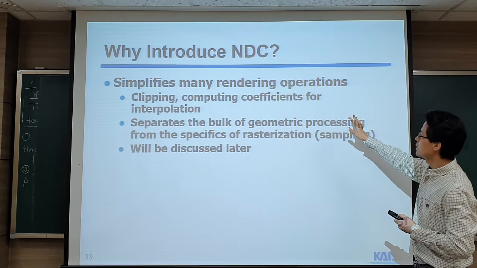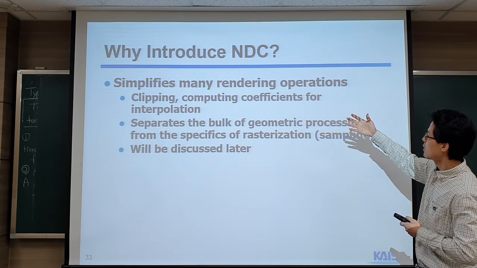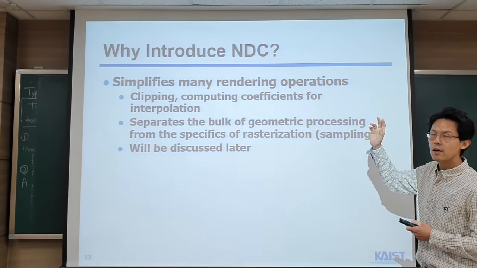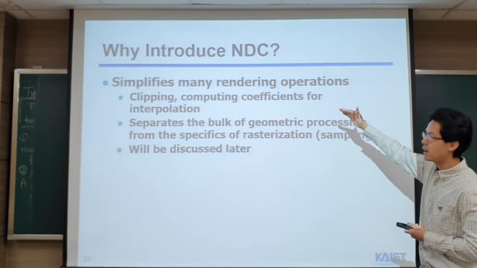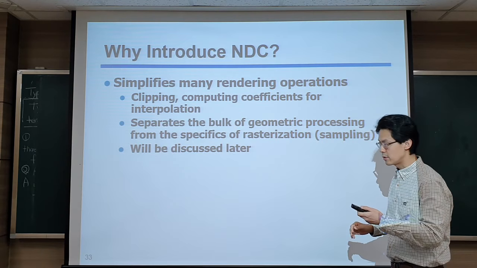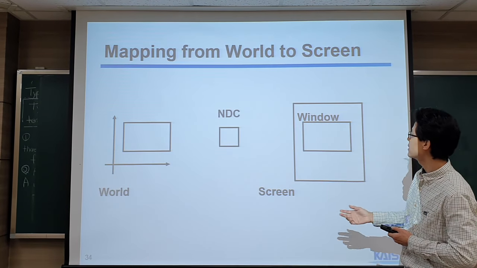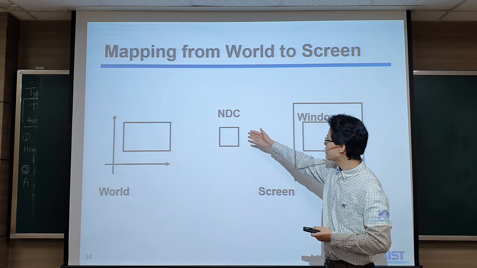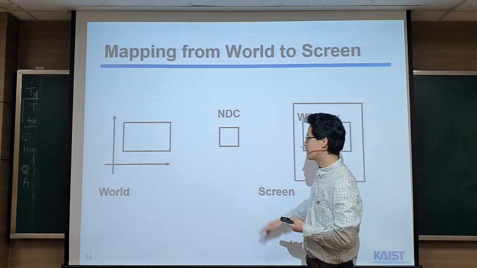Basically, NDC was introduced to simplify a lot of the operations. You will see later on that by using this NDC, this canonical space, we can simplify a lot of operations. That's why we are using this one. But for now you just assume that we are using the NDC in the middle here, and this is a normalized device coordinate starting from -1 to 1.